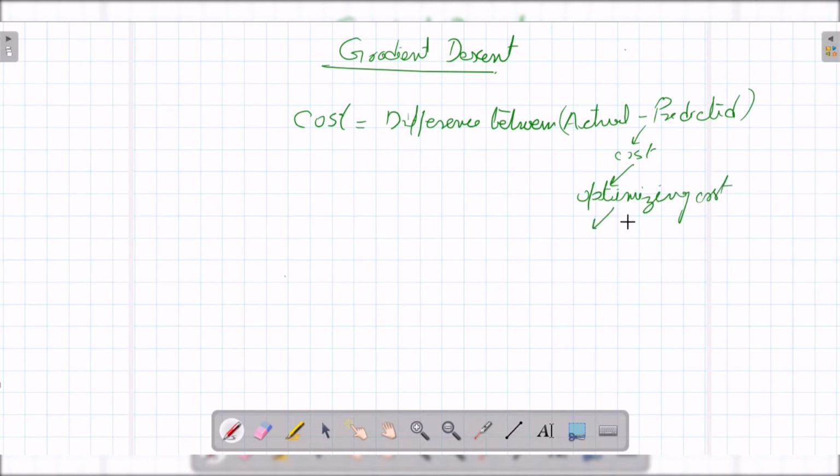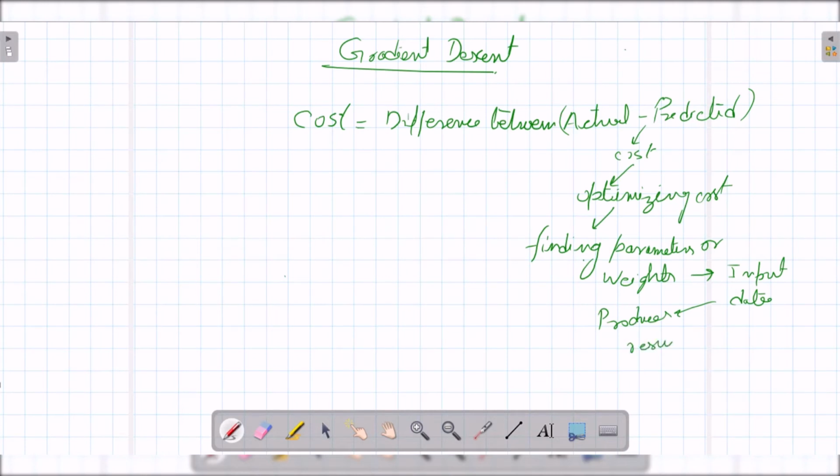Optimizing cost basically means finding parameters or weights which, when applied to your input data, produce results which most closely resemble your actuals.